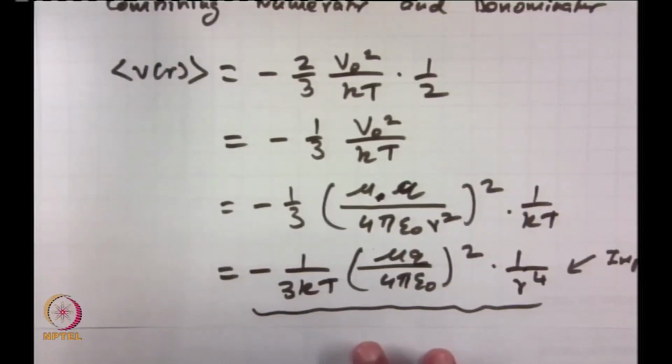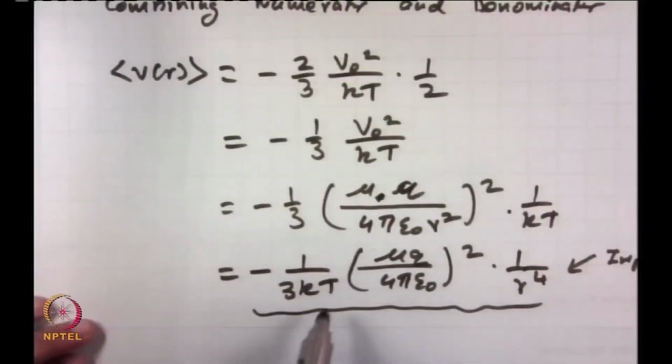So there are two important aspects. One is, you can see this V of r is going to depend upon T, because obviously your thermal energy is going to have an effect on your potential energy of interaction. Okay.